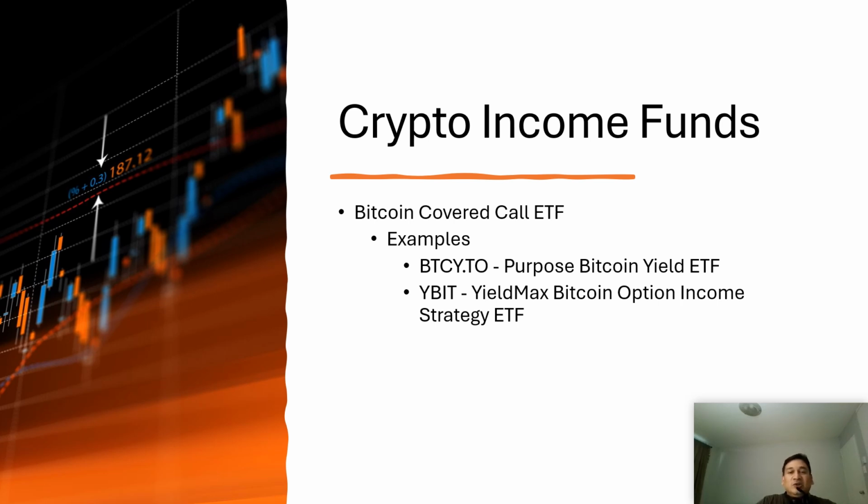It's a big name. So these are two options where they invest in the underlying asset, which is the Bitcoin, and they also do trading or writing calls on the Bitcoin. The exact mechanics we will understand in the future when we cover one of these. This is another option for you if you want to diversify beyond the traditional asset classes.